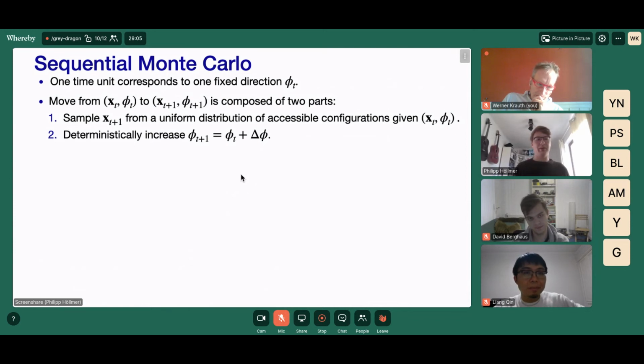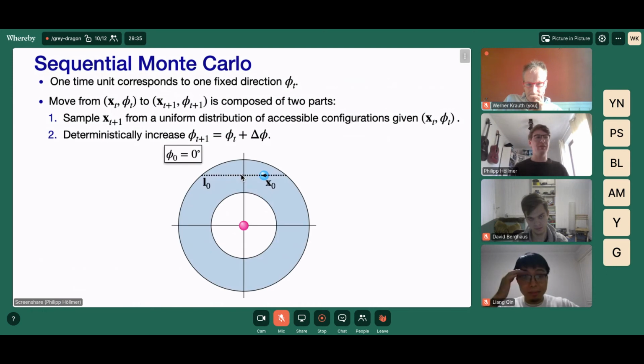So we first sample, as I already described, a new position xt plus 1 from a uniform distribution on the accessible configurations given the current position xt and the current direction phi t. And step 2 is the sequential sweep of the direction, because afterwards we deterministically increase phi t plus 1 to be phi t plus some change delta phi. So we don't choose a random new direction, but we always increase it by this delta phi.